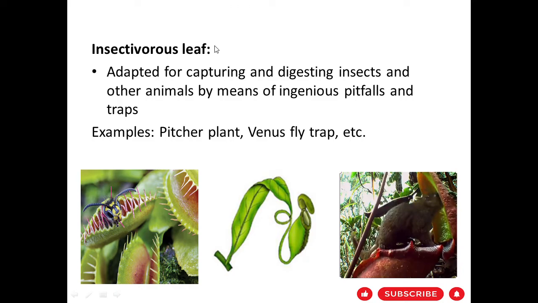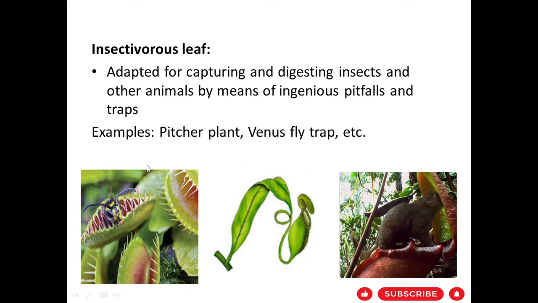Now the insectivorous leaf. Insectivorous leaves are leaves modified into pitfalls or traps to trap insects or some animals. These types of plants are commonly found in nitrogen deficient soils, and to fulfill the need of nitrogen, they trap animals or insects and then digest them and fulfill their nitrogenous need.